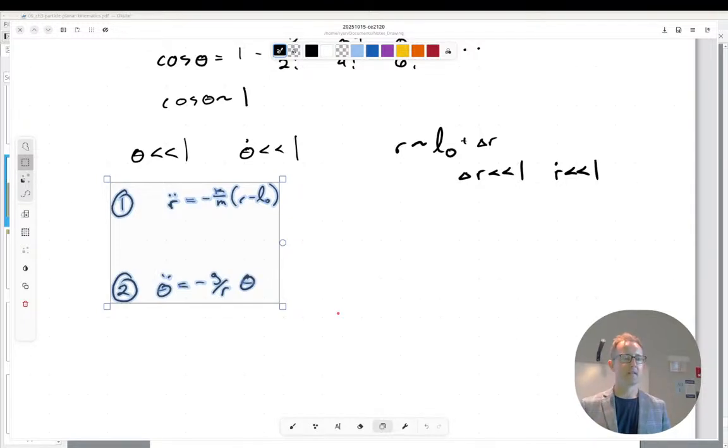At least for the second one, it tells us the angular acceleration. What does it tell us about angular acceleration? Is it constant? It's not constant, it changes with angle. So the bigger the angle, the more acceleration we have.